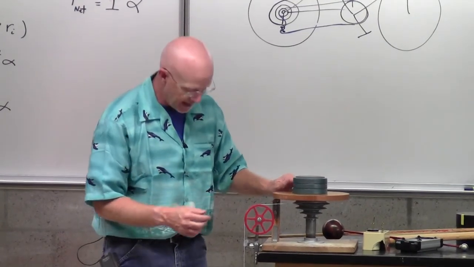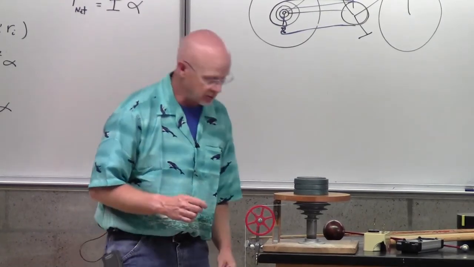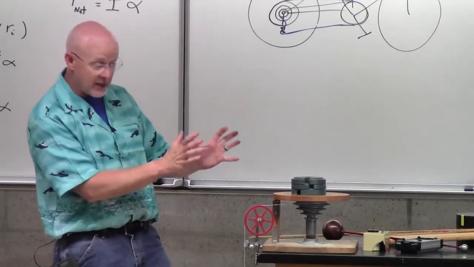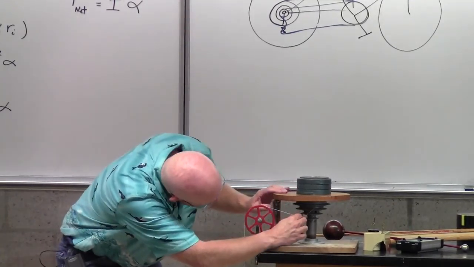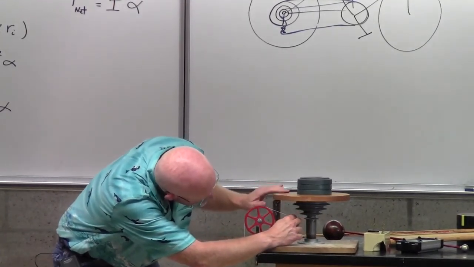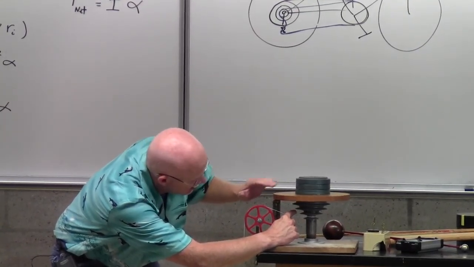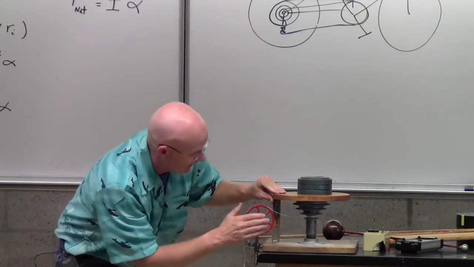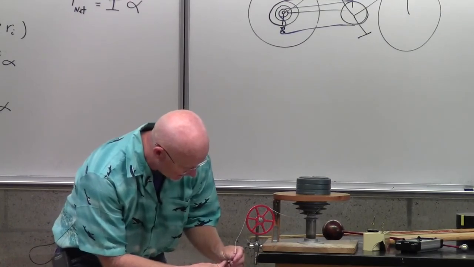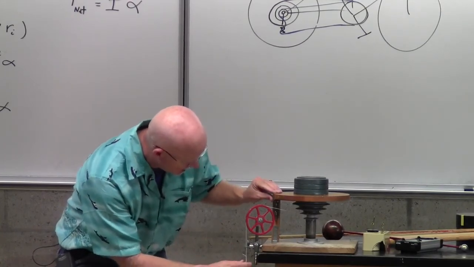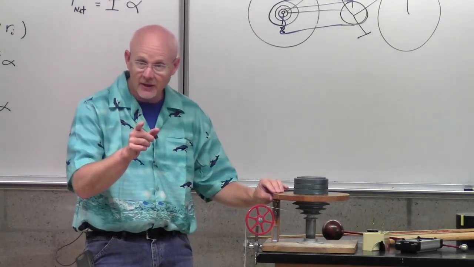What do you think might happen? Well, we should just watch it again. Watch the rate at which it unwinds. But what do you think would happen if I then took that string and put it on the smallest pulley down here? I'll even put the same weight on here. So it's the same weight, but is it the same torque?